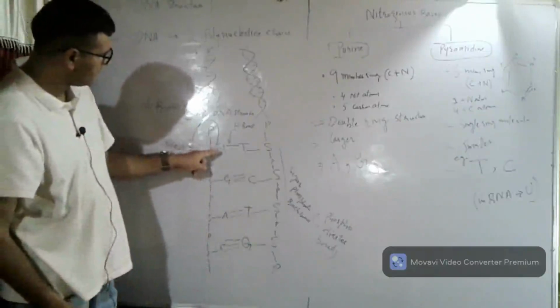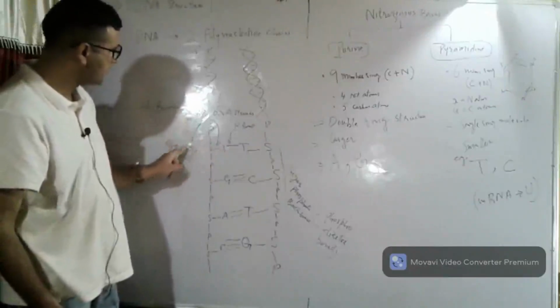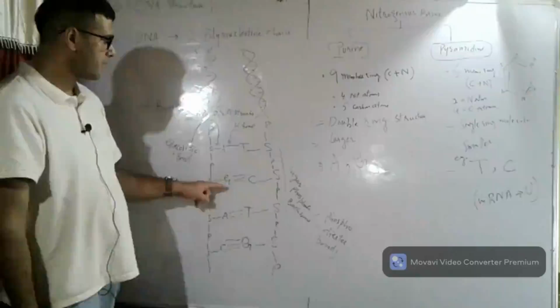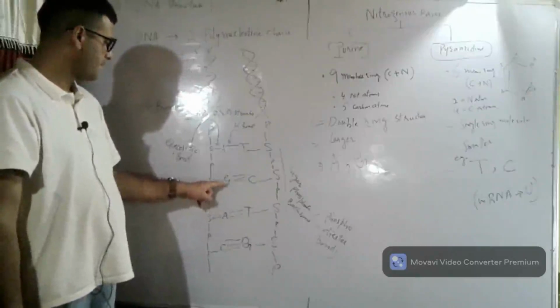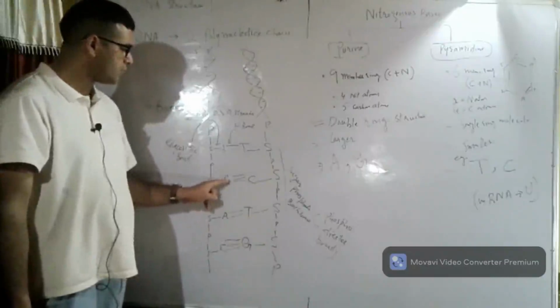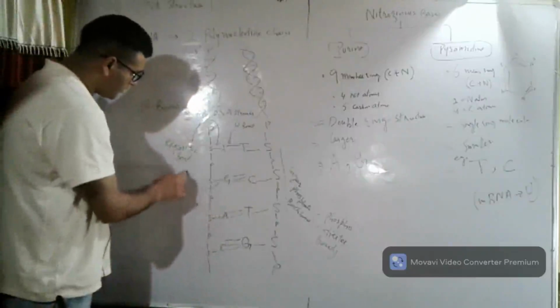That is, this nitrogen base is attached to sugar by means of a bond called glycosidic bond or N-glycosidic bond. So this is a glycosidic bond.